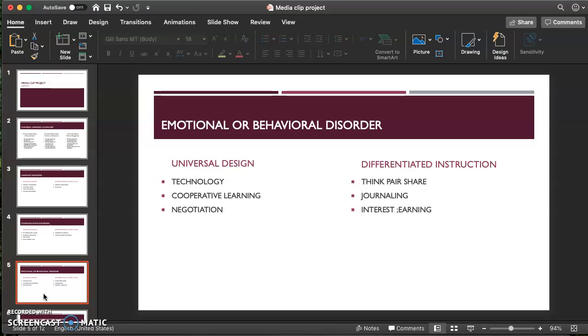Technology, cooperative learning, and negotiation, those are all good universal design. And then differentiated instruction would be think, pair, share, where the students would think on their own, pair with another student, and then share with the class. Also journaling and interest learning as well.